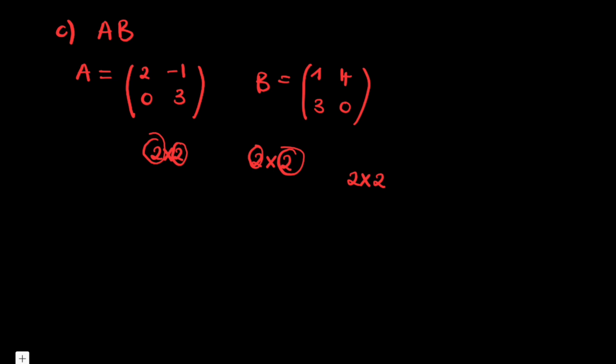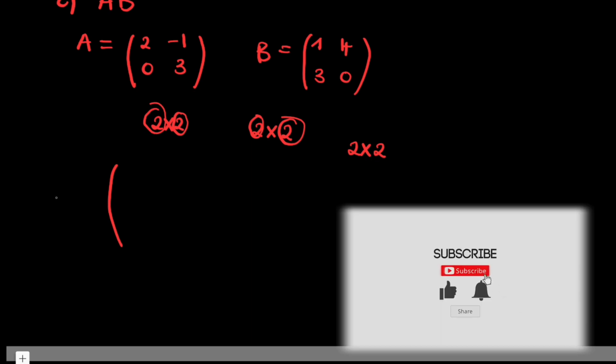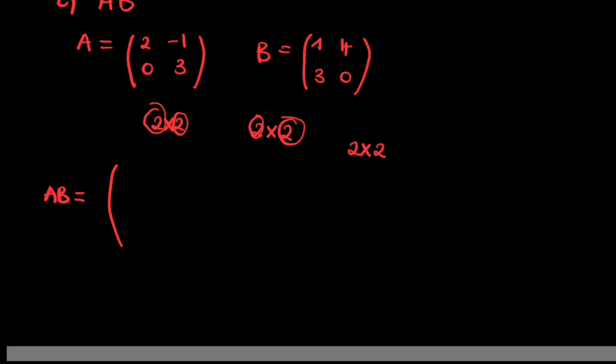So let's have AB now. To multiply two matrices, we are multiplying the rows by the columns.